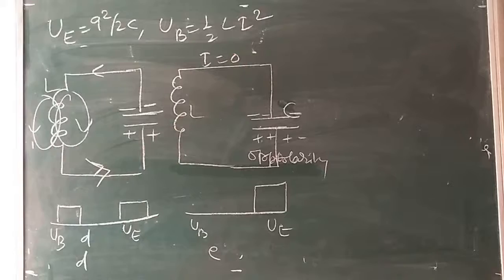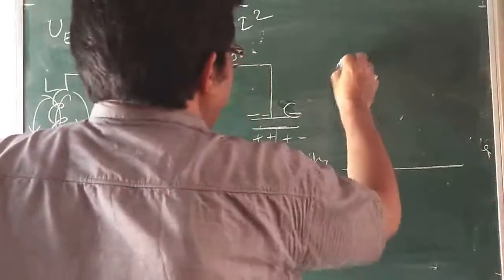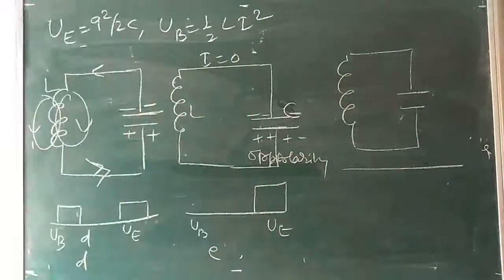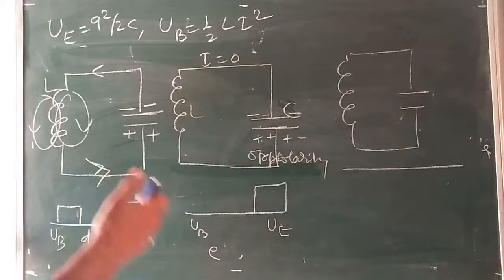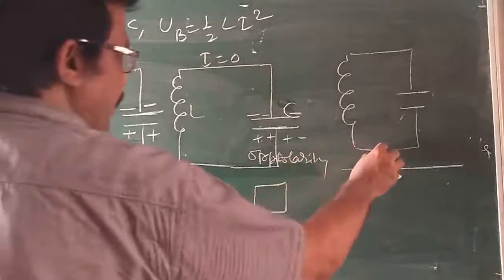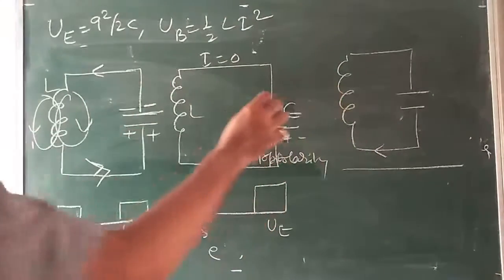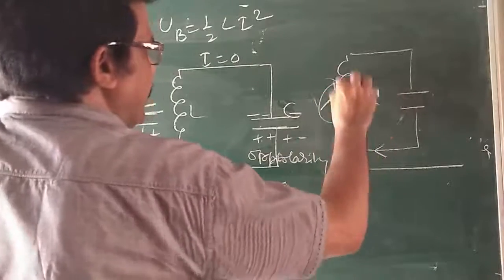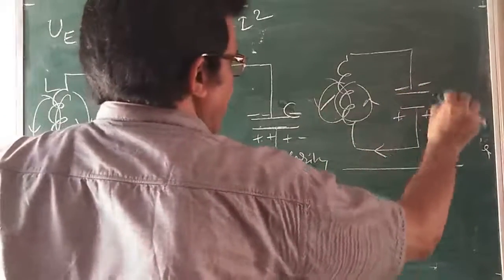In the next stage, here again is our inductance, here is our capacitance. Again the energy is transferred from here to here, but in the opposite direction, because here it is a negative charge and here it is a positive charge.